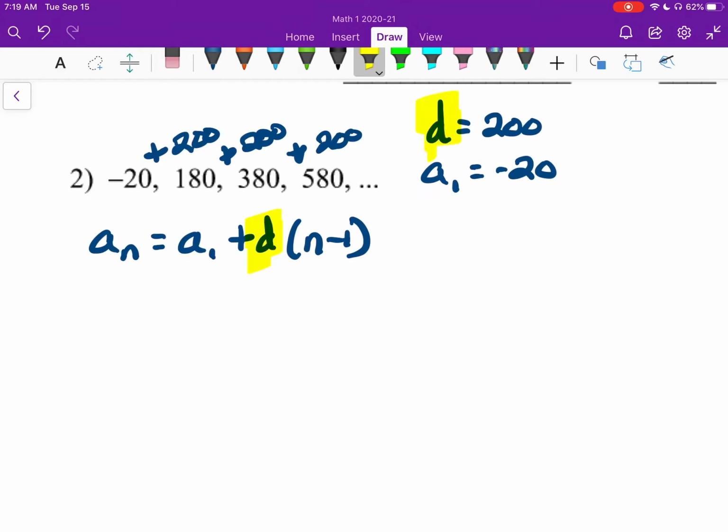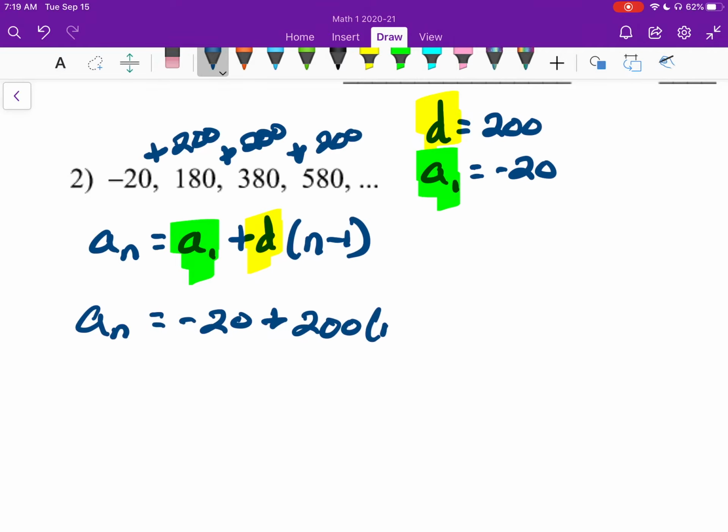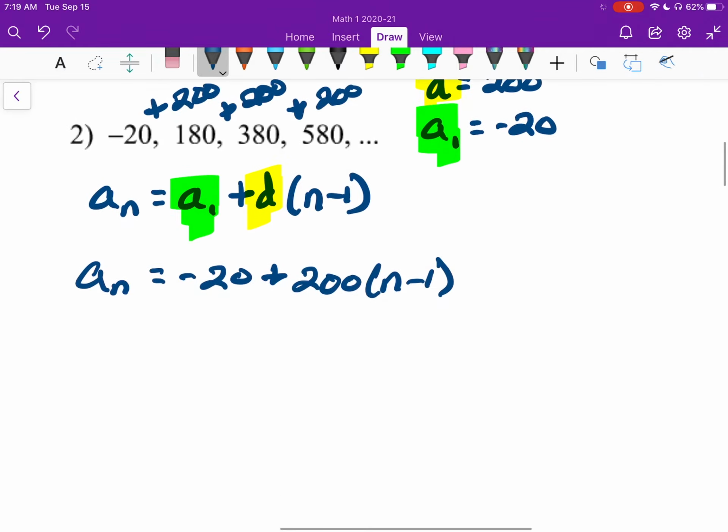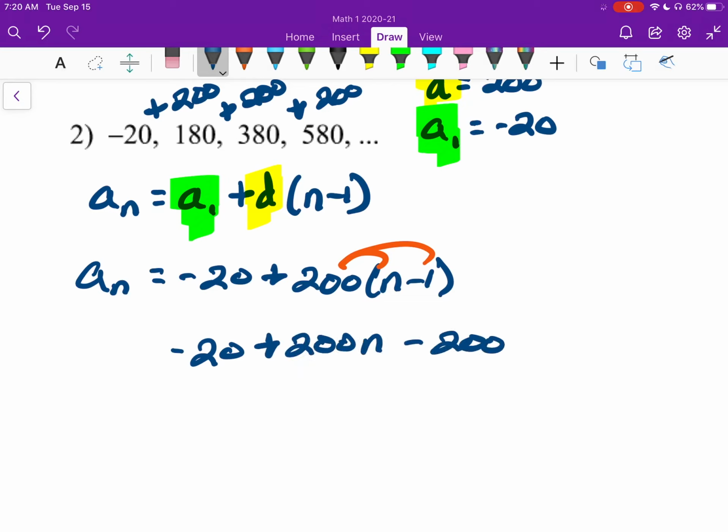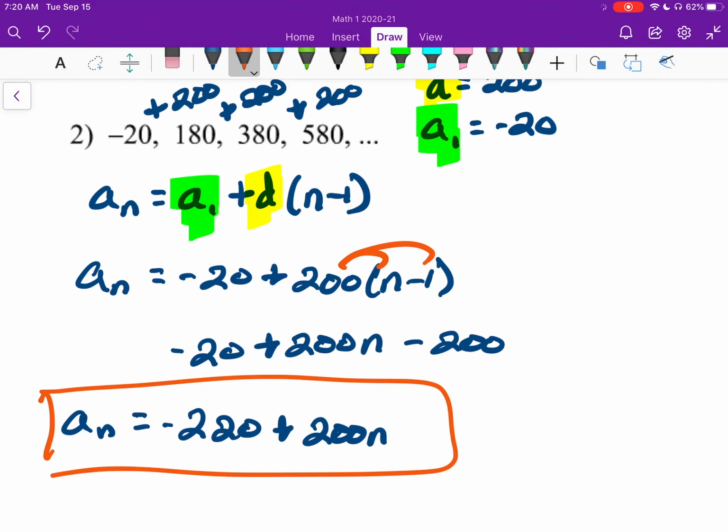This guy goes here, and this guy goes here. So I've got a sub n equals -20 plus 200 times n minus 1. I distribute that 200, and I get -20 plus 200n minus 200. I combine like terms, and I get -220 plus 200n. That's it.